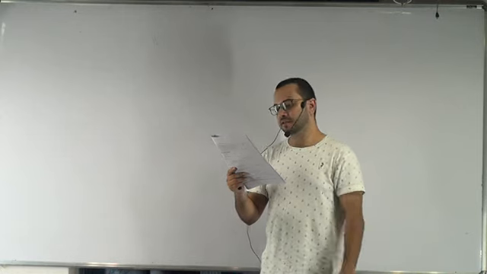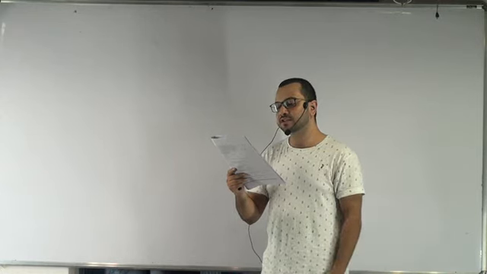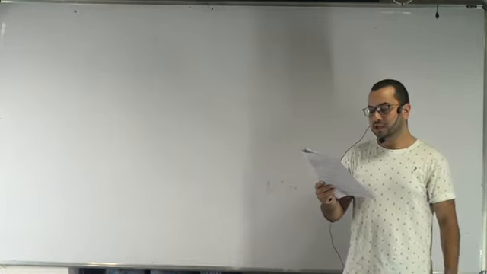देखो क्वेश्चन में देखो क्या लिखा है. At time t is equal to 0, an observer at A finds B at a distance of 500 meter. This observer sees B moving with a constant velocity perpendicular to the line of motion of A. ये किसके बारे में बोल रहा है?